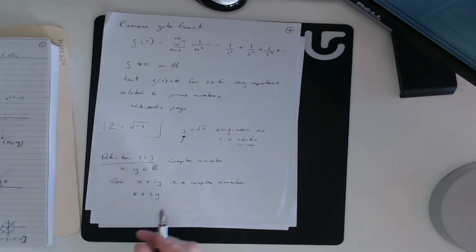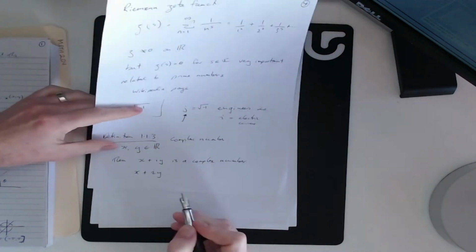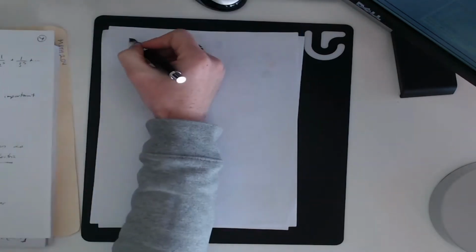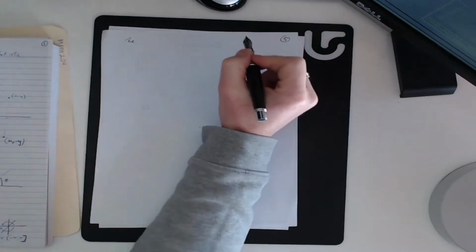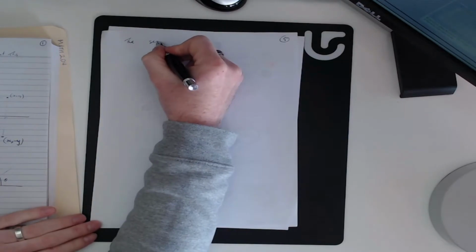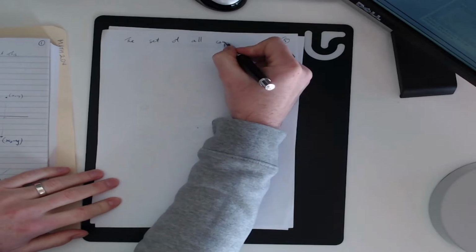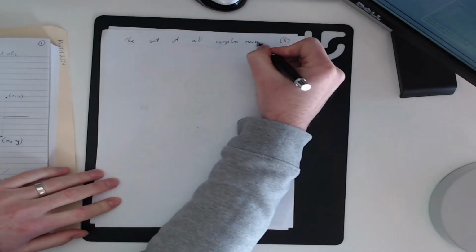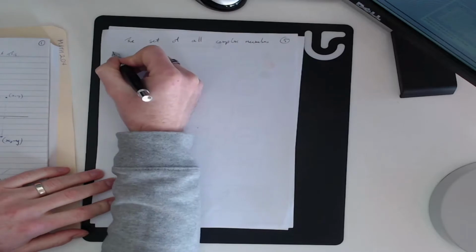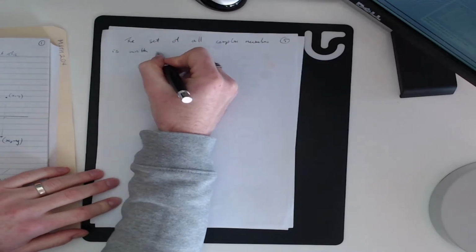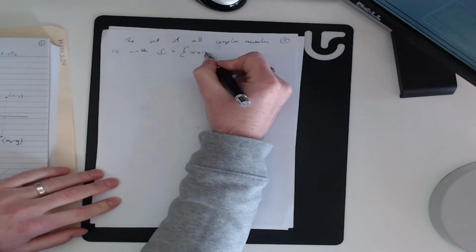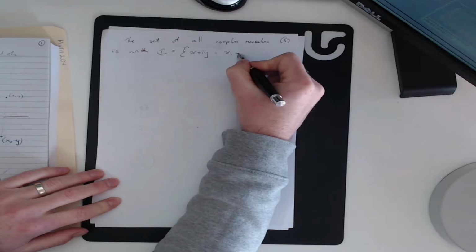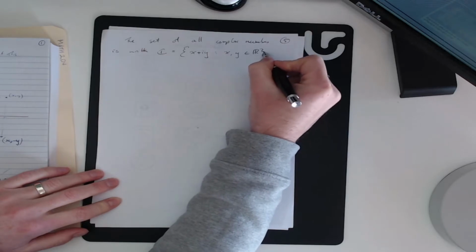Okay, so the set of all complex numbers is written C, which is equal to x plus iy, for x and y elements of the real numbers.